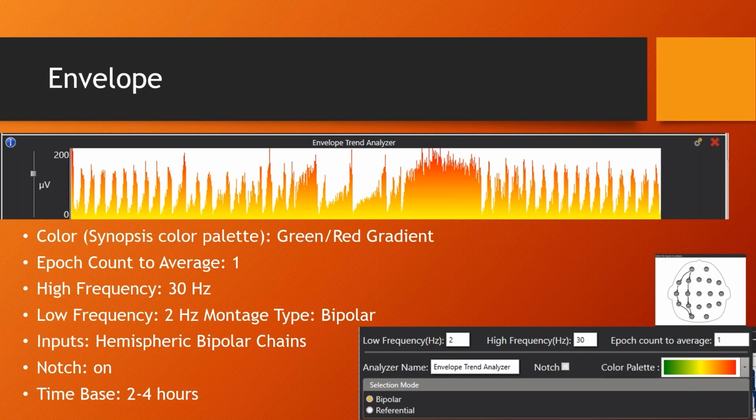Again, good if you're looking at events of short duration. May be bad if you're looking at long event duration. So let me restate that. It's good to have a short epoch count if you're looking at shorter events. If you're looking at longer events, you may want to average more epochs.